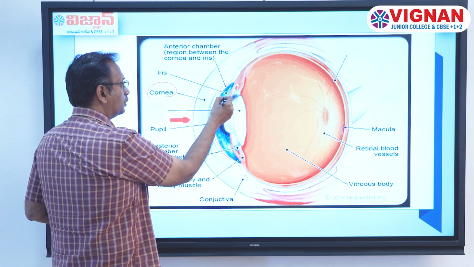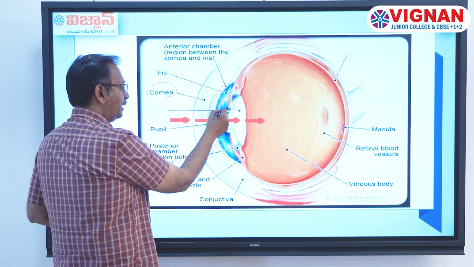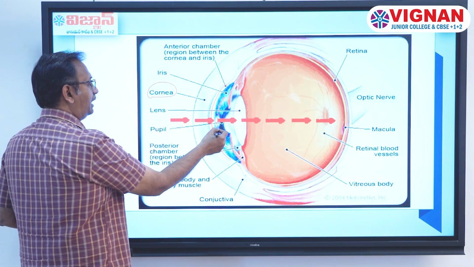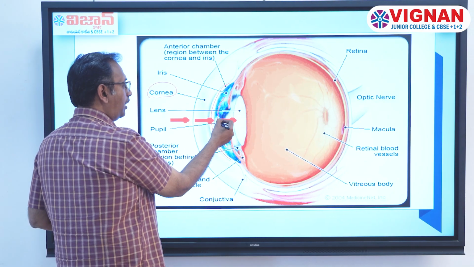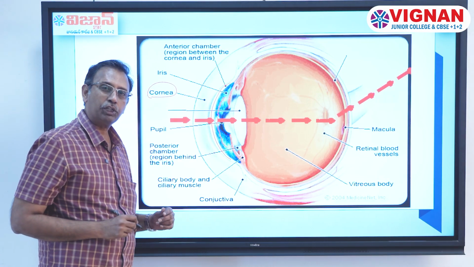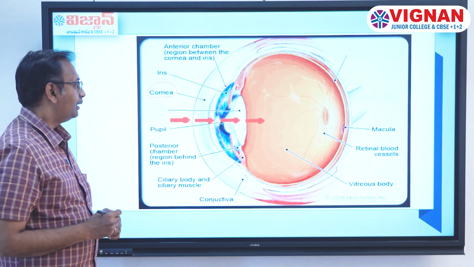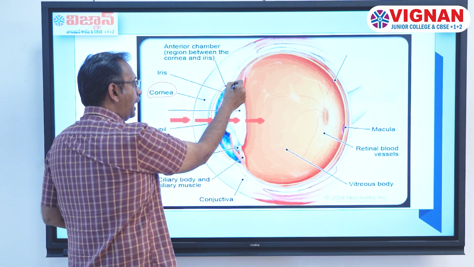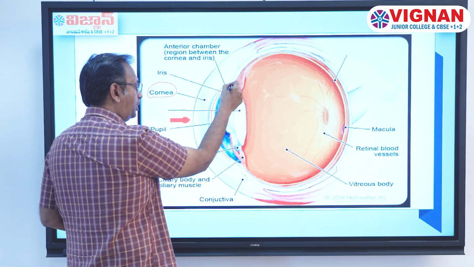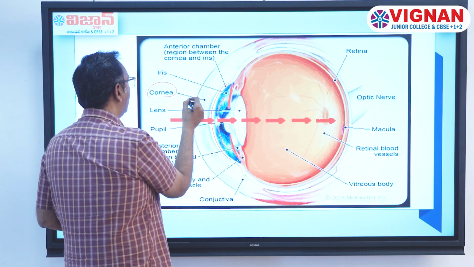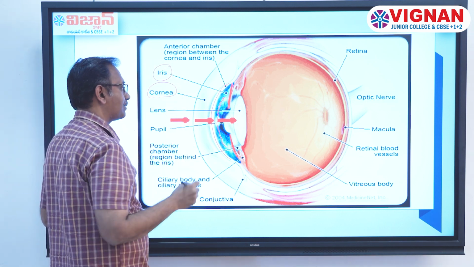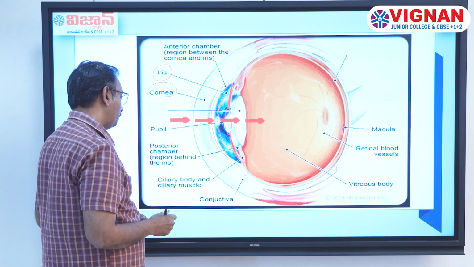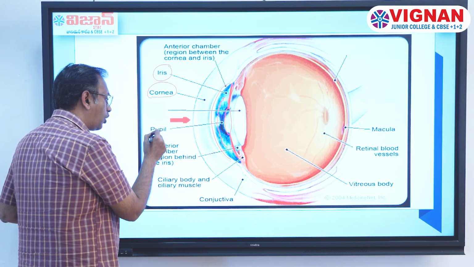Here you can see a jelly substance, and that jelly substance immediately after the cornea is aqueous humor. This fills the space between the cornea and a muscular region, which I am highlighting here, called the iris. The iris ends with a hole, and that hole is called the pupil.